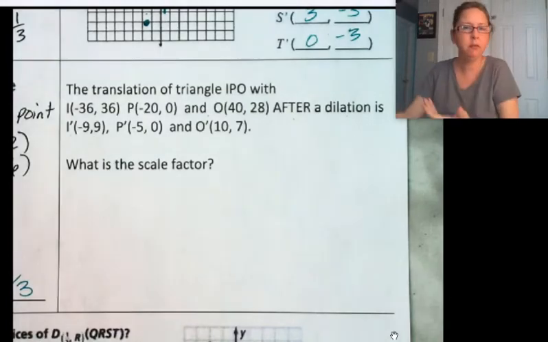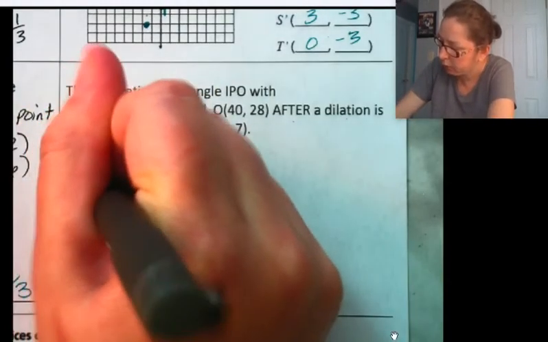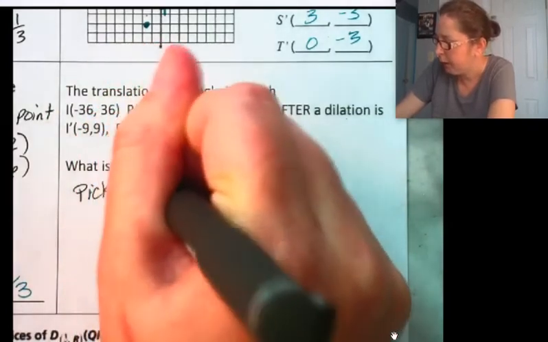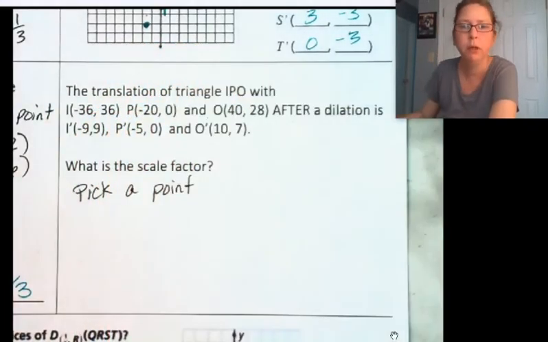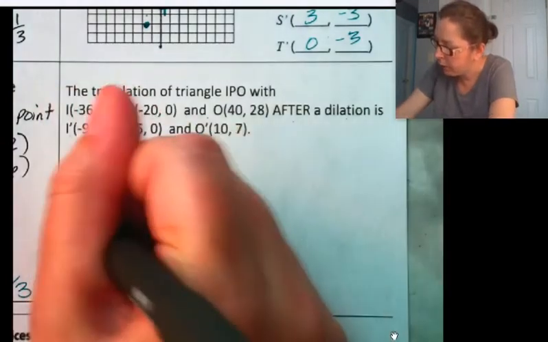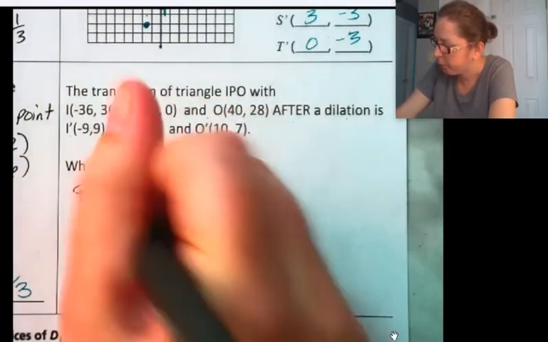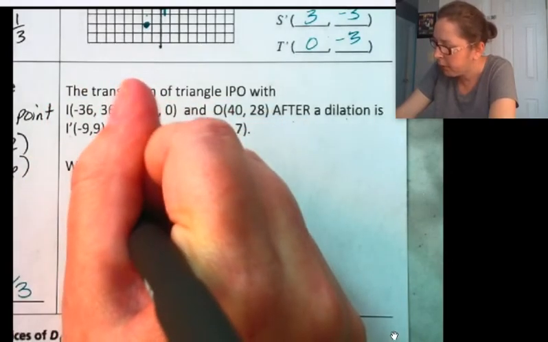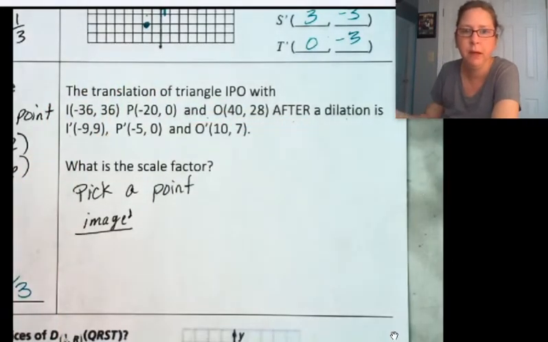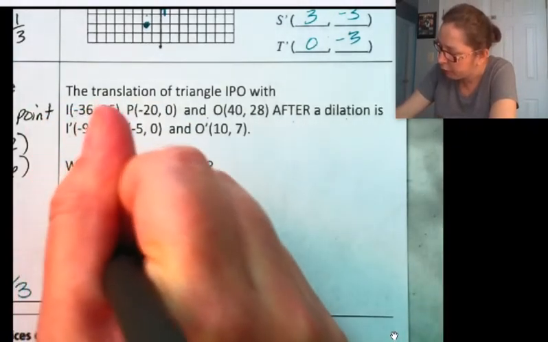So what I say is just, again, pick a point. Pick a point. It does not matter which point you choose, okay? And then we are going to do the image. And if it helps you to remember, the image is the one that has the little tally over the pre-image.